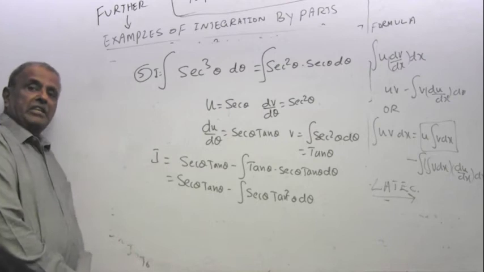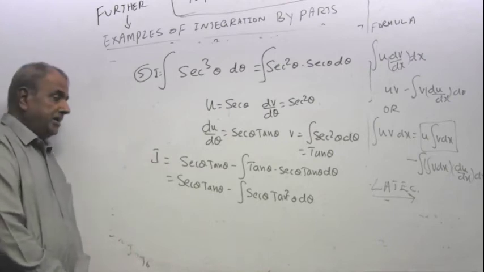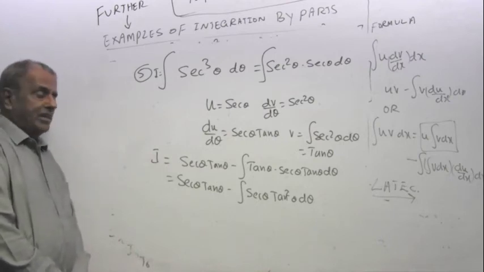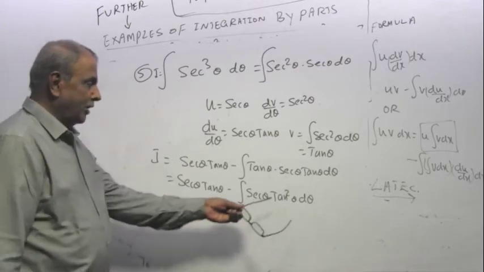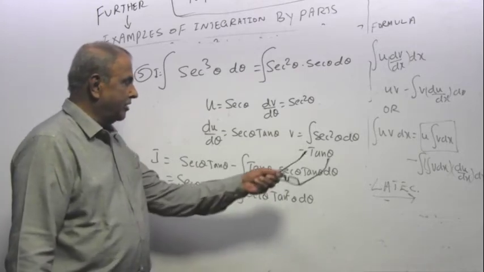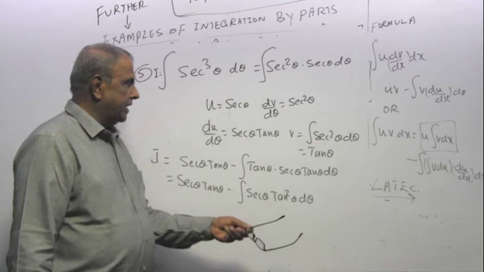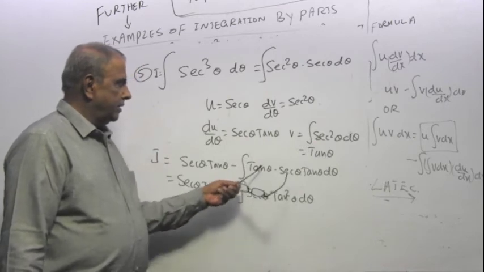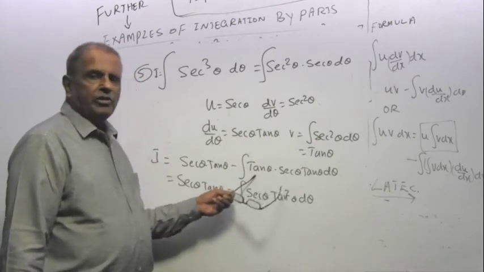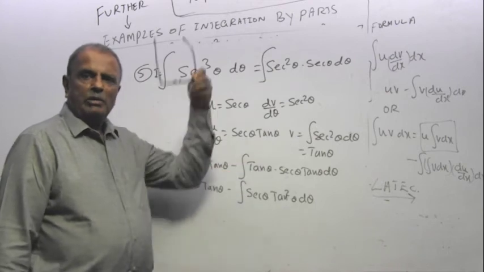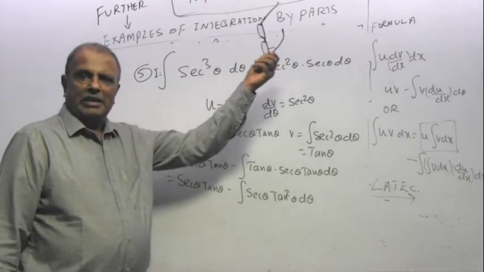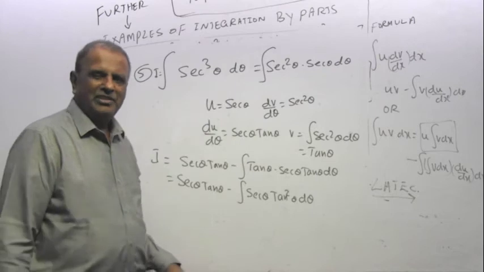Sir, can we use integration by parts again? Yeah, but you can't integrate tan squared. If you integrate tan squared, you're going to get sec squared minus 1. That means you had differentiated the tan squared you got from the tan. So indirectly, you are going backwards. You can't do that because you're going back to the original question somehow.